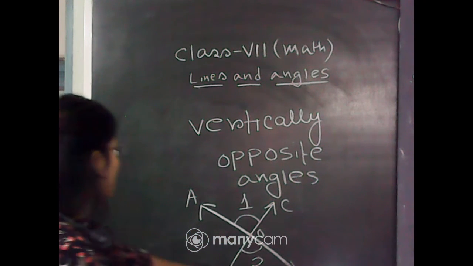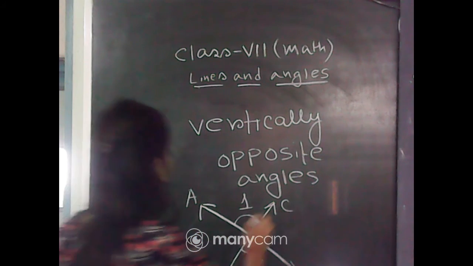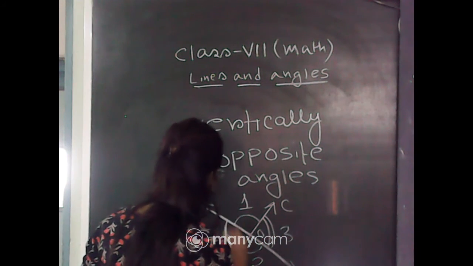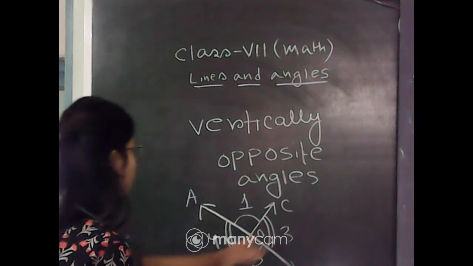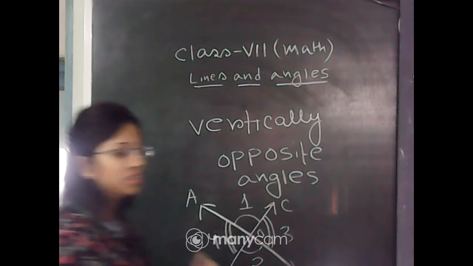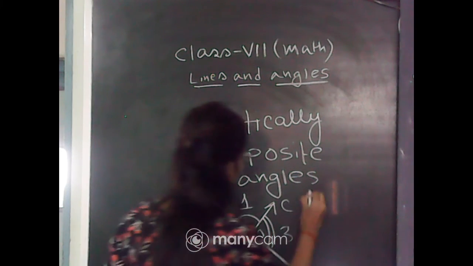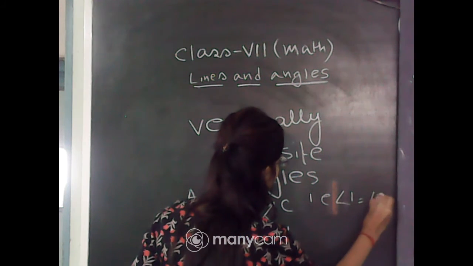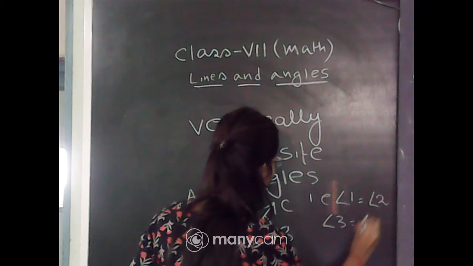Angle 1 and angle 2 are the vertically opposite angles. Also, angle 3 and angle 4 are the vertically opposite angles. In class 8, we will prove this theorem, that is, angle 1 is equal to angle 2 and angle 3 is equal to angle 4.